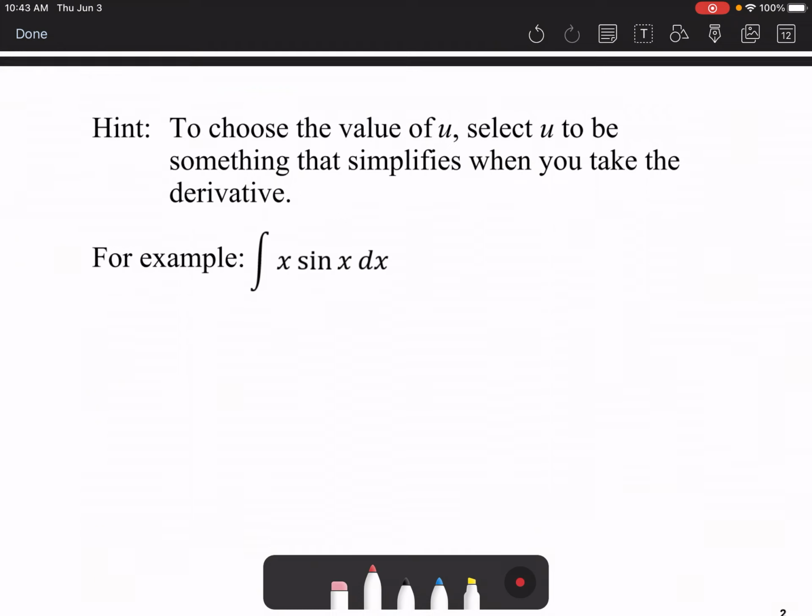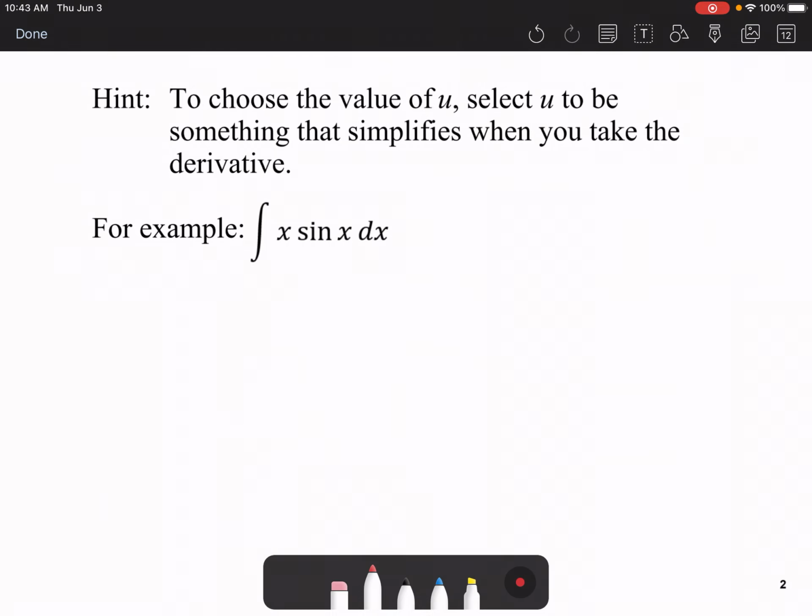Okay, so the trick is to actually find a value of u when you select u to be something that simplifies when you take the derivative. So for example, if we're looking at the integral of x sine x dx, what you probably want to do is let your function u be the function x, so when you take the derivative of u, it simplifies.